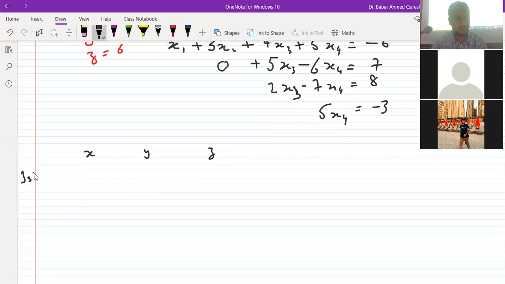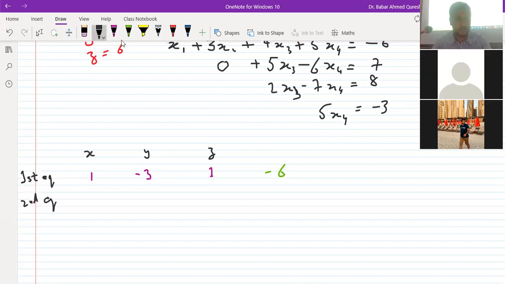This is the first equation. All I need is the coefficients. The coefficient of x is 1, coefficient of y was -3, coefficient of z is 1, and this was equal to -6. So the last thing which is coming in is the number on the other side of the equality. And what was the second equation?